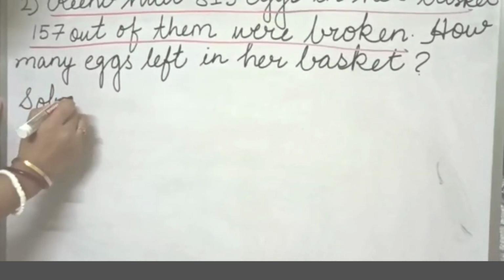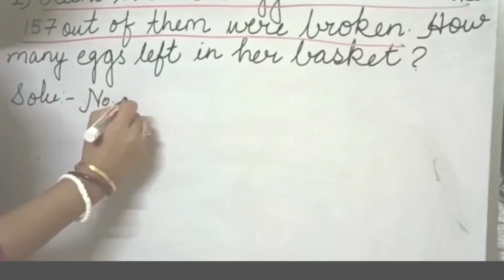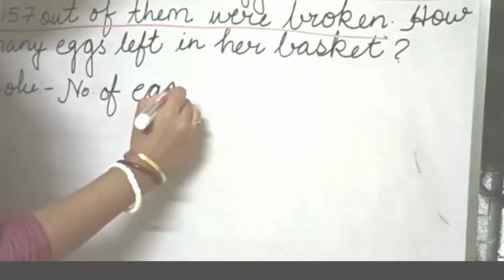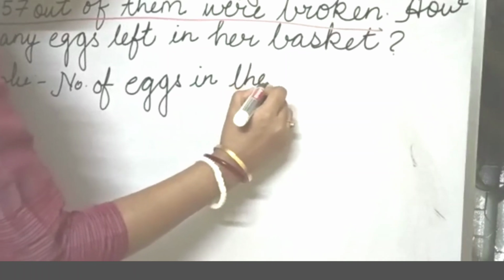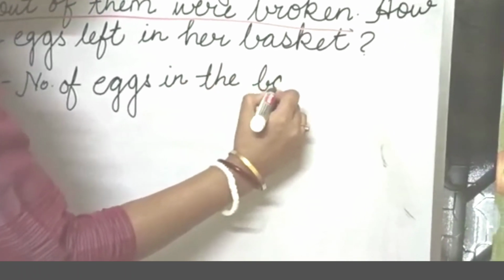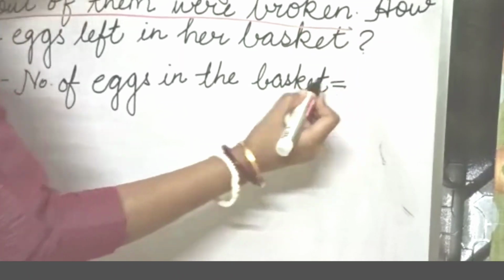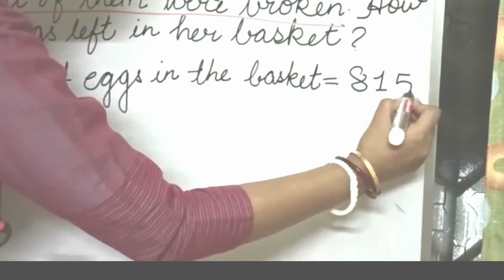Solution first we will write down, then we will write down number of eggs in the basket, that is 815.